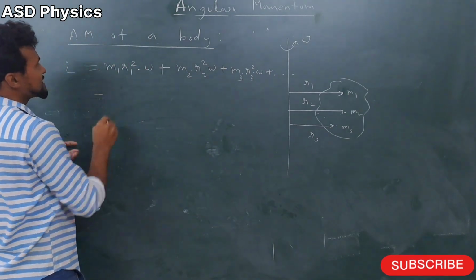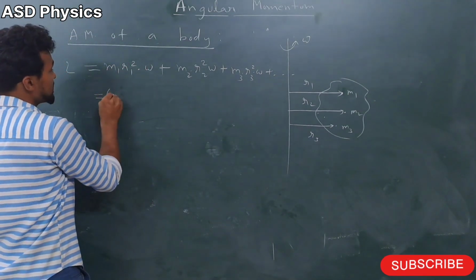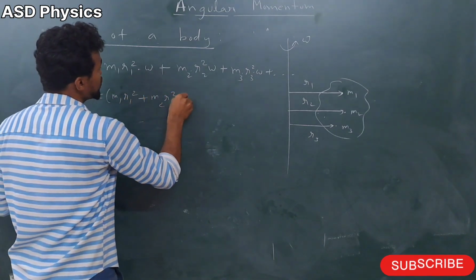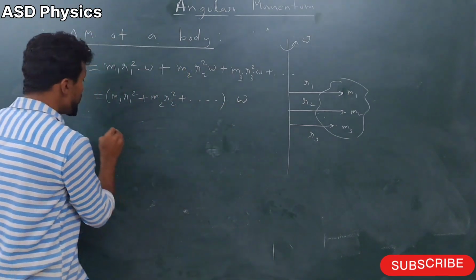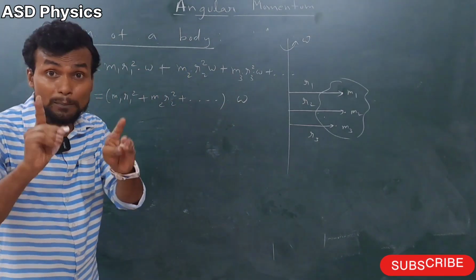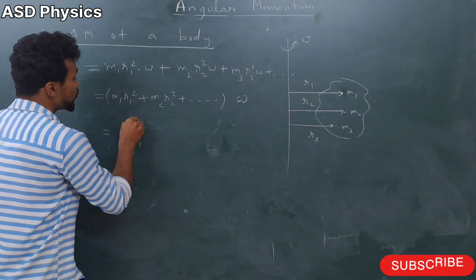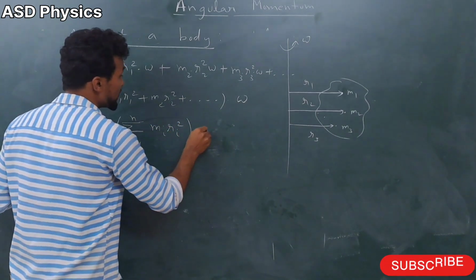Now whatever things are constant, omega is constant. So here we can write m1 r1 squared plus m2 r2 squared, and so on for n number of particles, into omega. Now we will write this in summation form: sigma i equal to 1 to n, mi ri squared, into omega.